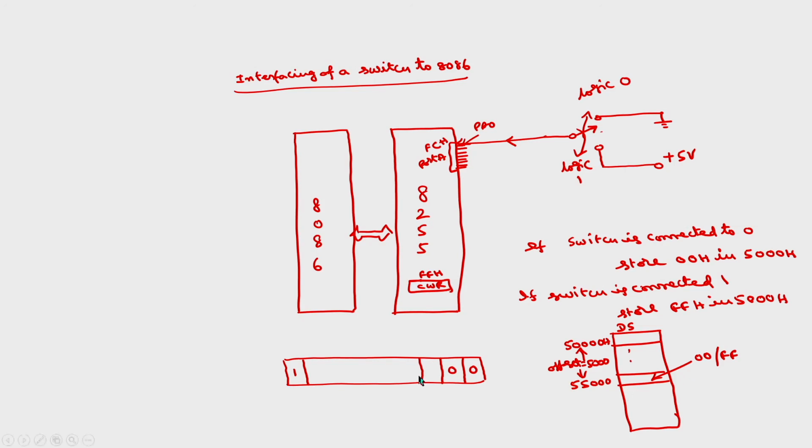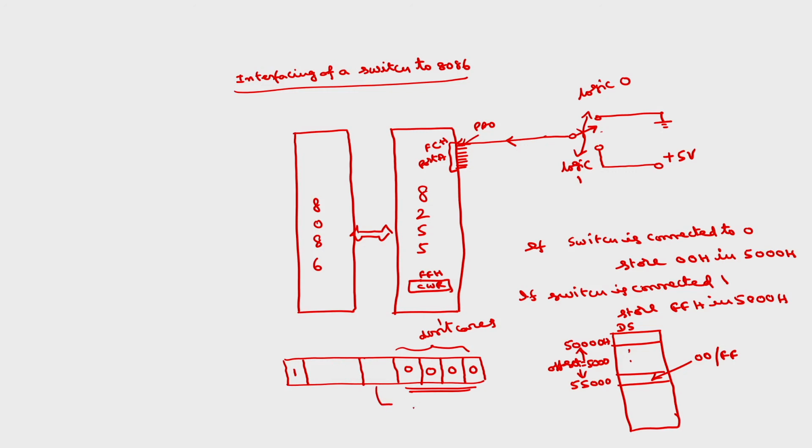This is for mode selection of port B, so I want to operate in mode 0. These three are in fact do not cares. Then port C upper, this also I want to program as output mode. These are in fact do not cares because we are not using these ports. For the sake of simplicity I have taken zeros. Then what is important here are the remaining 3 bits.